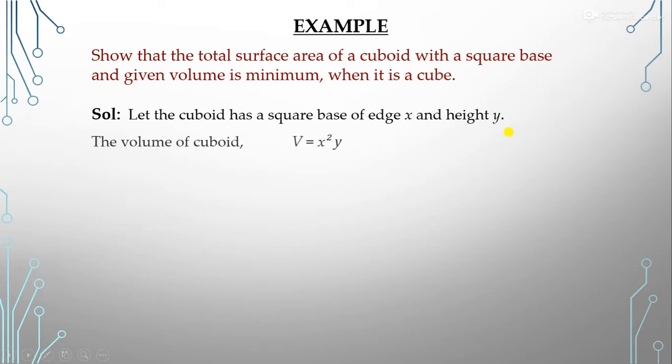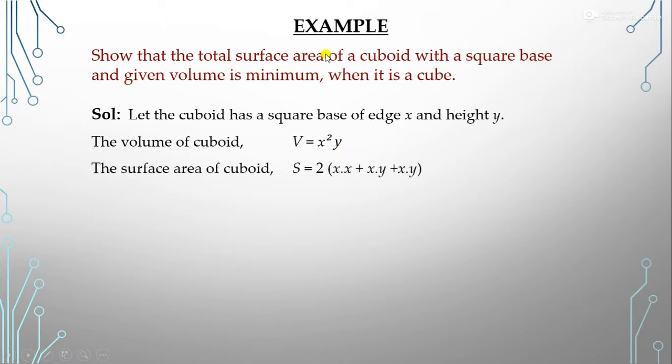Now what is the volume of the cuboid? The volume V of the cuboid is length times breadth times height. Here our length and breadth are both x, so V is x square y. Now what is the surface area?